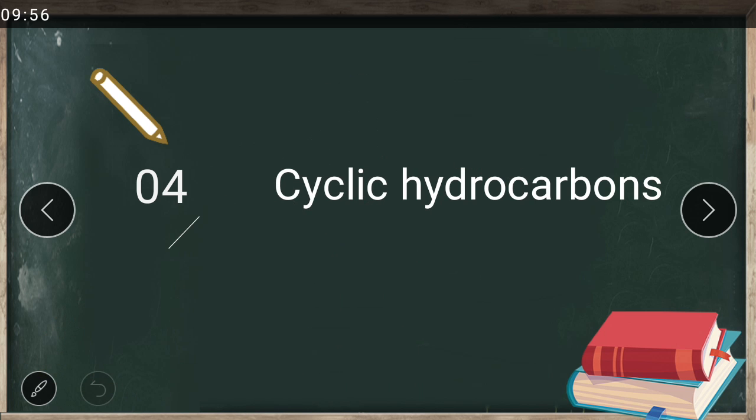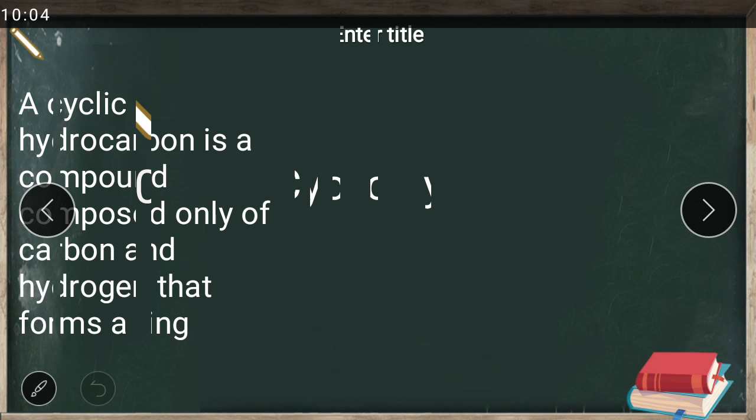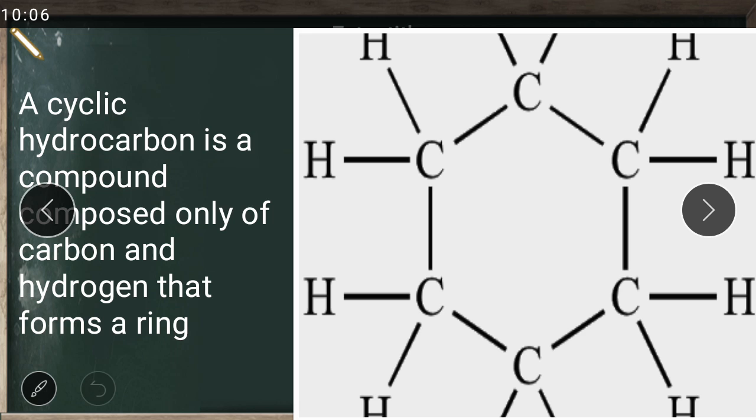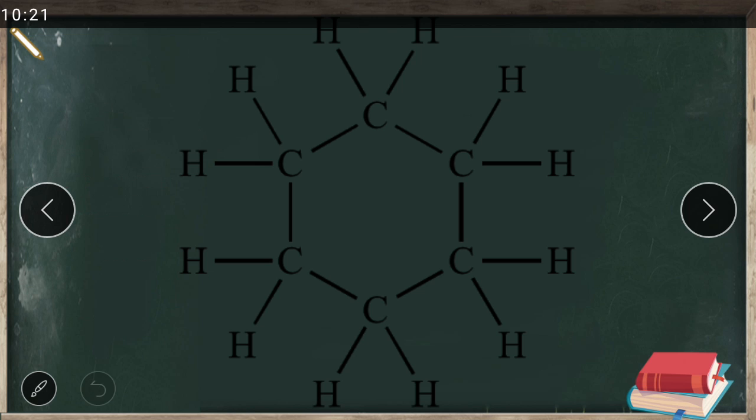Lastly, we are going to discuss cyclic hydrocarbons. A cyclic hydrocarbon is a compound composed only of carbon and hydrogen that forms a ring. Here the hydrogen and carbon form a shape like a ring.